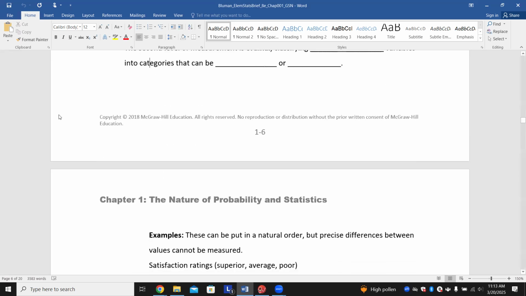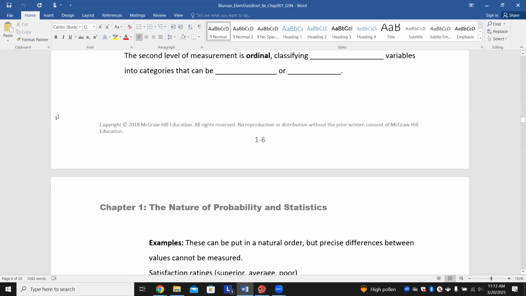The second level of measurement is called ordinal. It still characterizes something, and it's still qualitative data, so typically not numbers, but it breaks the variables into categories that can be put in order or assigned a rank.